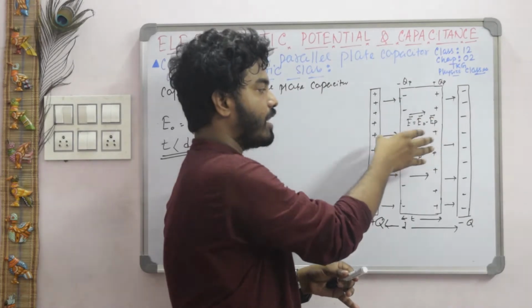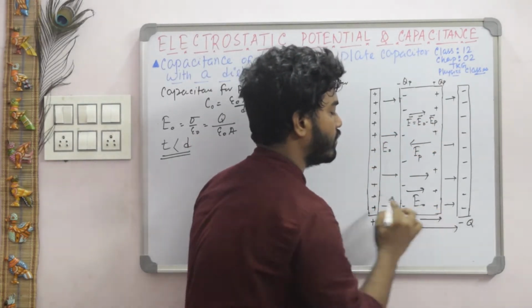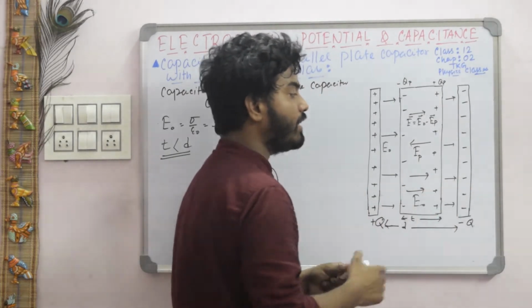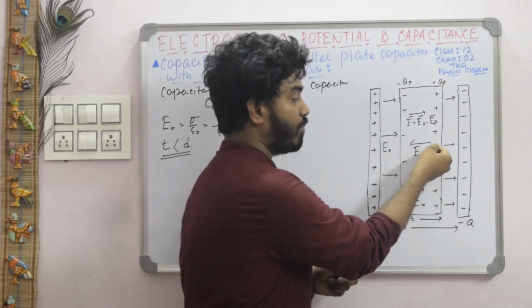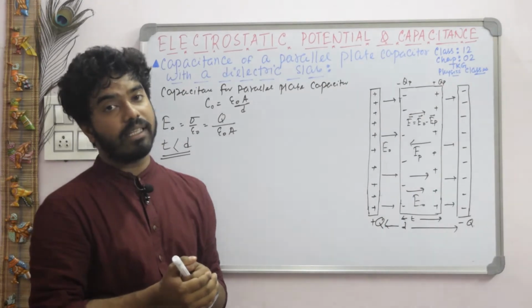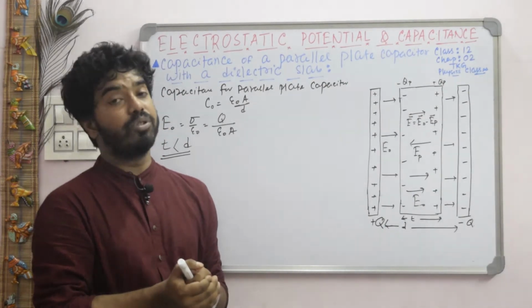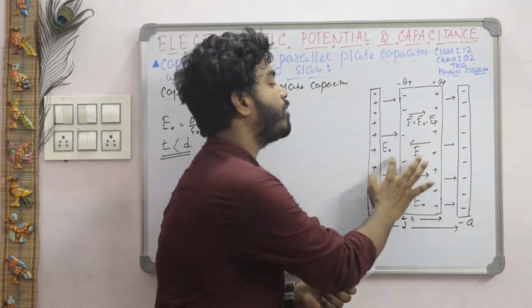Inside the dielectric slab there is an electric field E naught, directed from positive to negative, and there is also a developed electric field EP, directed from plus to minus. Now what will be the net electric field inside the dielectric? For calculating it, you have to know which is greater, E naught or EP.